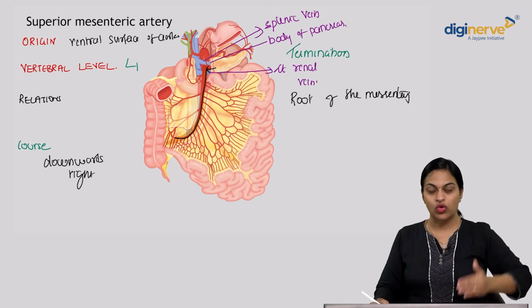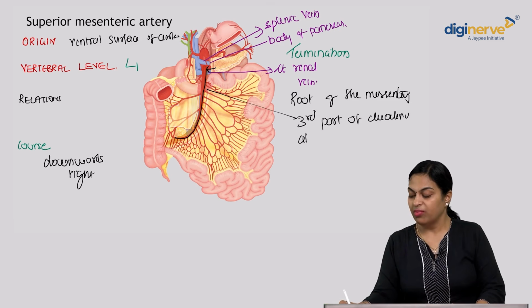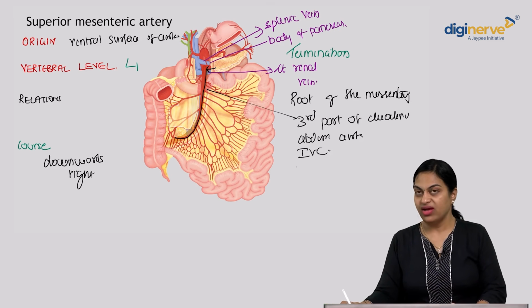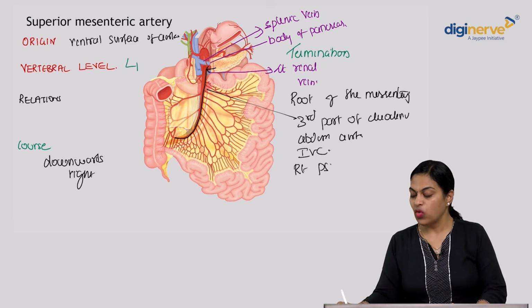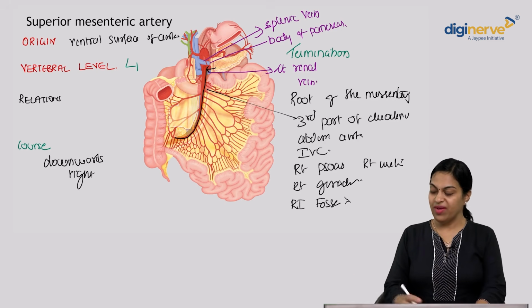And it is going to cross, as you see here, the third part of the duodenum, the abdominal aorta, the inferior vena cava, the right psoas major, the right ureter, the right gonadal vessels, and reaches the right iliac fossa. Okay?